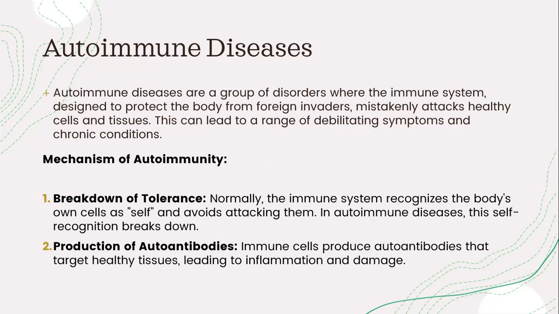That's what we call an auto antibody. So that B cell recognizes your self antigen, and in that case it would produce antibodies against that antigen, meaning that it would attack you.